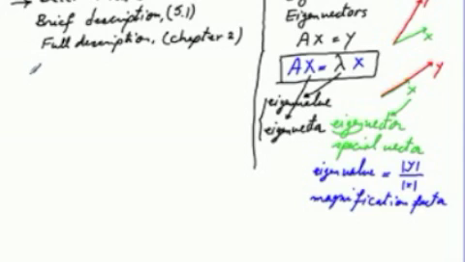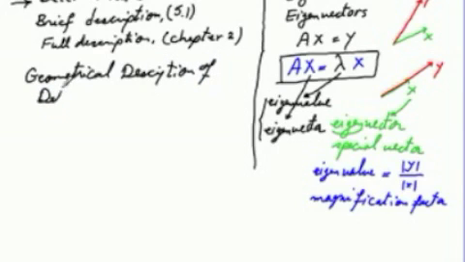So let me just go ahead and introduce determinants a little bit differently from what is done in the text, by giving a geometrical description, which is typically not covered that extensively in the text.